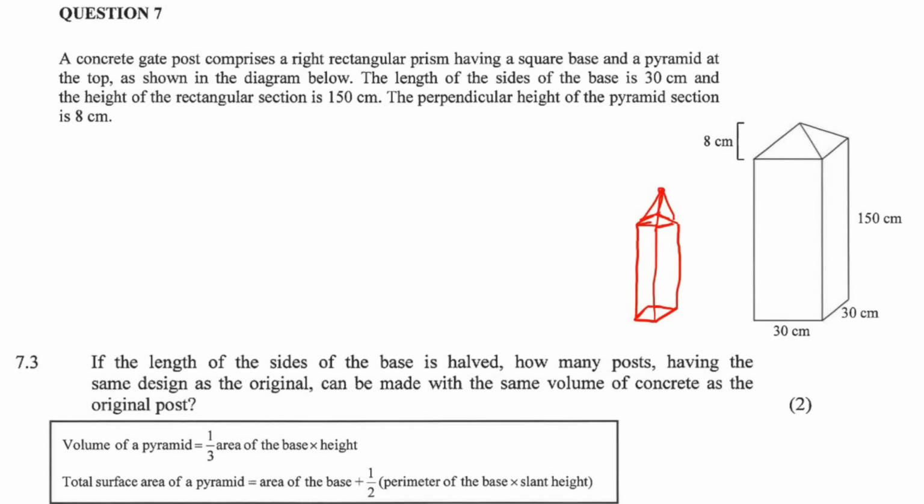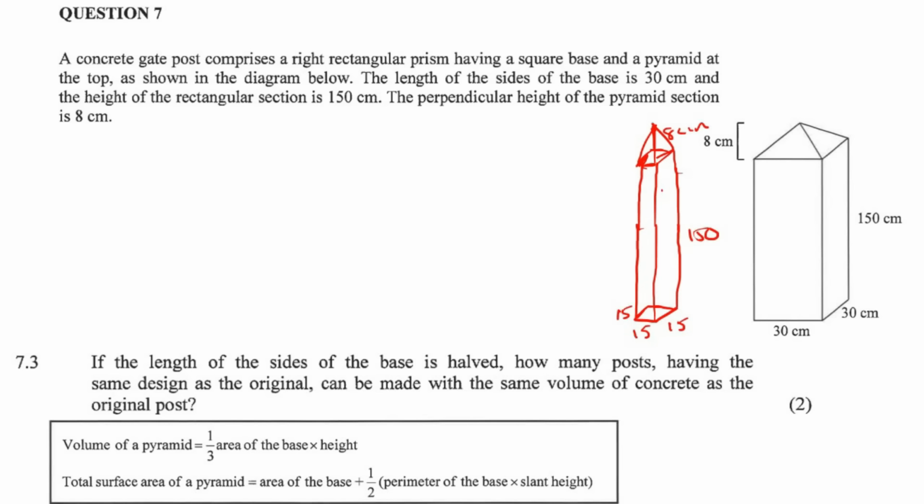The height is still the same, so let's make the height the same. So everything's the same there, and this height is also the same, so that's still going to be 8. We've just made it a lot more narrow because each of these is now 15. But the height is still 150, and that's still 8.